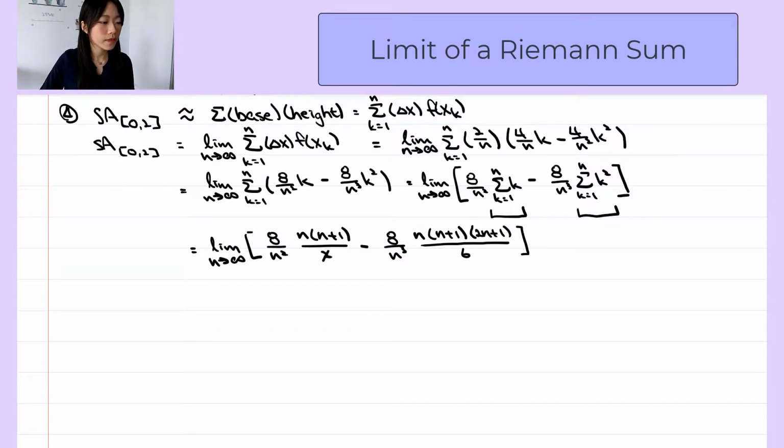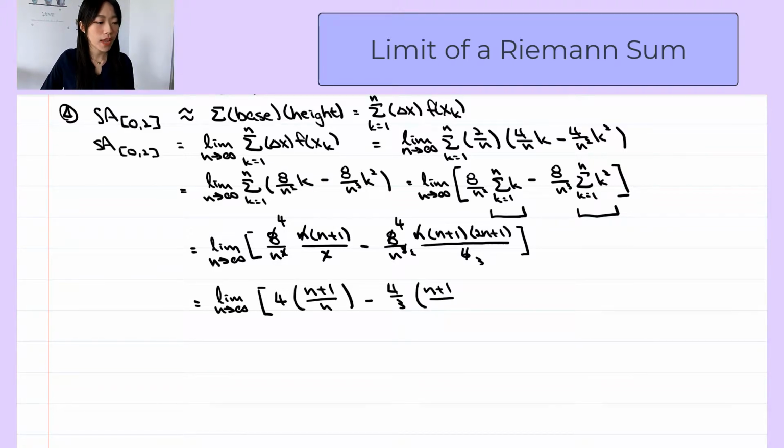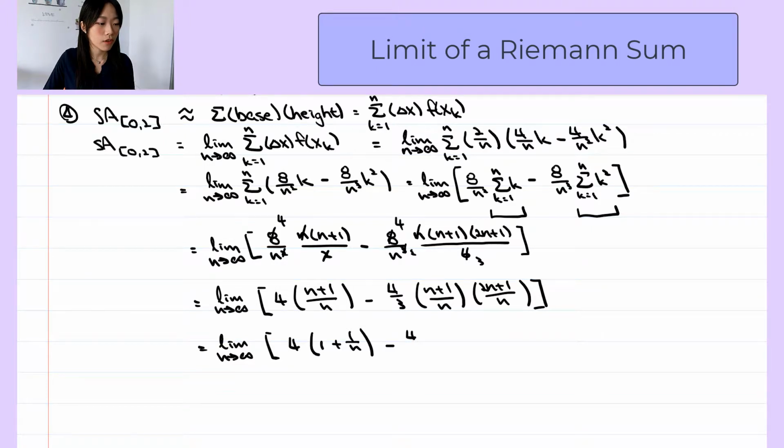Now let's simplify the equation. So this equals the limit as n approaches infinity of 4 times n plus 1 over n, minus 4 over 3 times n plus 1 over n times 2n plus 1 over n, which also equals the limit as n approaches infinity of 4 times 1 plus 1 over n, minus 4 over 3 times 1 plus 1 over n times 2 plus 1 over n.